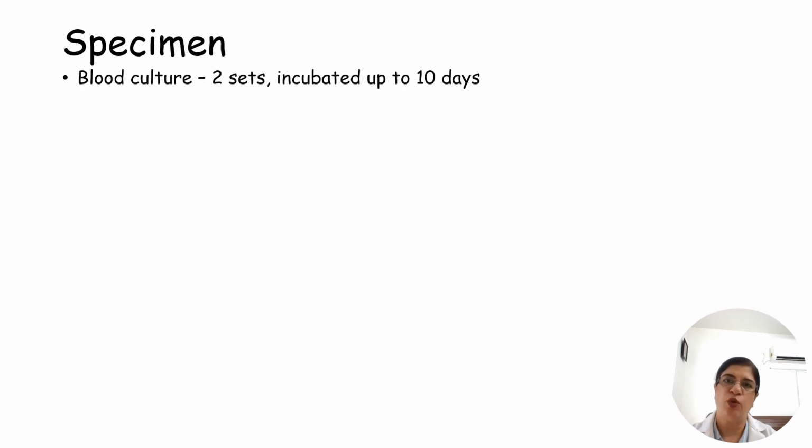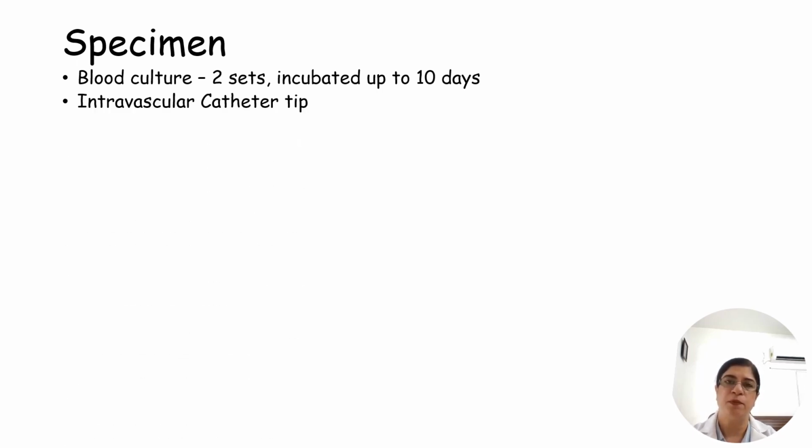Otherwise, routine aerobic and anaerobic bottles of the blood culture set will identify most of the fungal isolates. And if the incubation period is prolonged up to 10 days, then it will also increase the isolation of Candida glabrata, now called Nakaseomyces glabrata, and Cryptococcus neoformans.